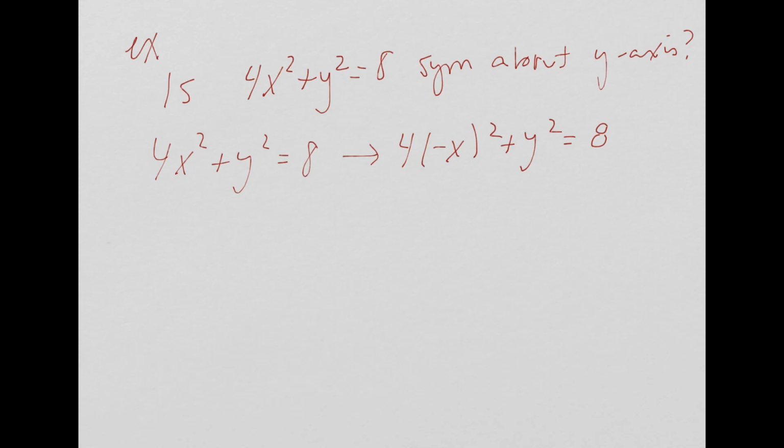Remember that when you're squaring, it doesn't matter if it's negative or positive. It's still going to give me the same answer. So this is the same as 4x squared plus y squared equals 8. Now that we've simplified, let's compare. So are those two things the same, those two equations? The answer there is yes. So our overall answer, yes, it's symmetric about the y-axis.